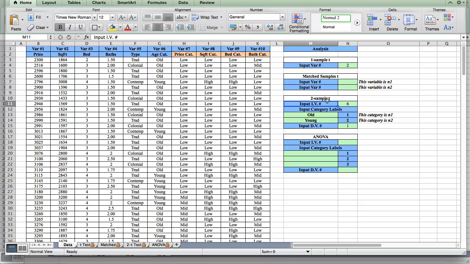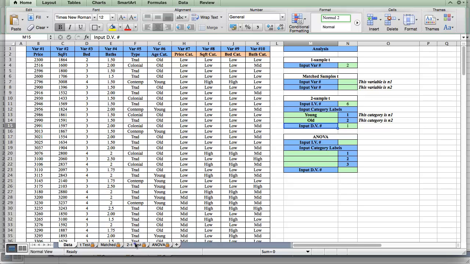So we did this analysis in part one. We grouped the prices into two samples, old and young. Or we could put these in any order that we want. We could say young and old. We're making two samples and we're comparing the means. The only step that we're adding is a p-value test to determine whether the difference is significant.